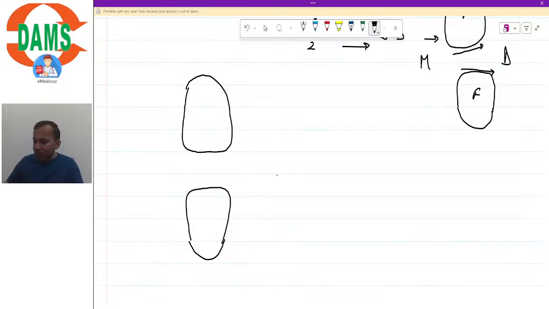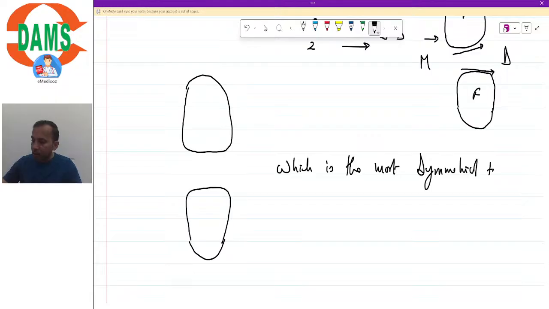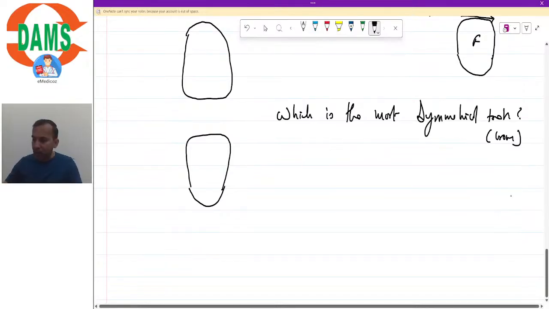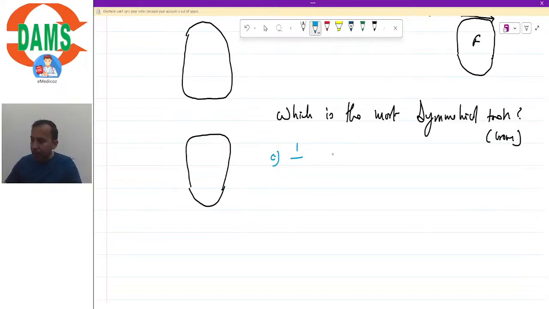So can you tell me which is the most symmetrical tooth? When you say tooth, consider it as crown, right? Usually we compare the crown. So which is the most symmetrical crown? The options are upper central, lower central, upper lateral and lower lateral.